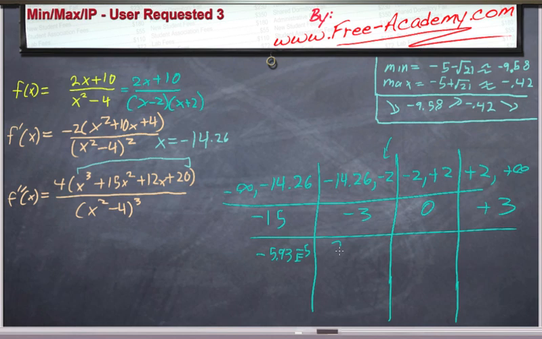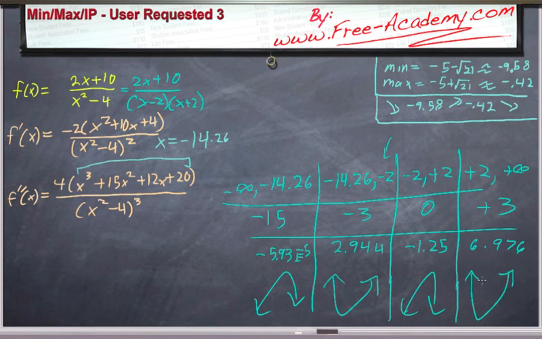This is 2.944. This is negative 1.25. And this is positive 6.976, assuming I got these right. So this is negative concave down, positive concave up, negative concave down, and positive concave up.